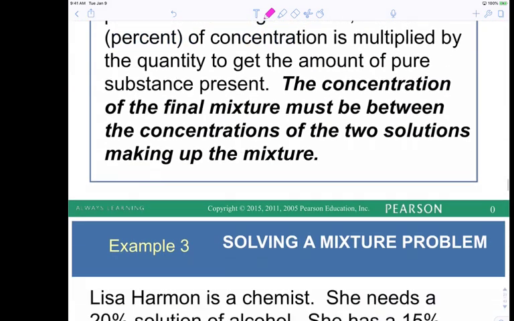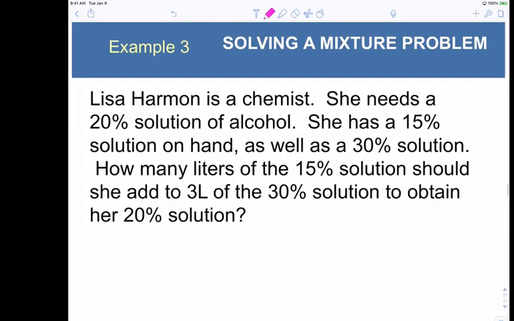So it says Lisa is a chemist. She needs a 20% solution of alcohol. She has 15% on hand, as well as a 30% solution. How many liters of the 15% should she add to 3 liters of the 30% to obtain her desired result? So again, mixture problems, all I do is the following.